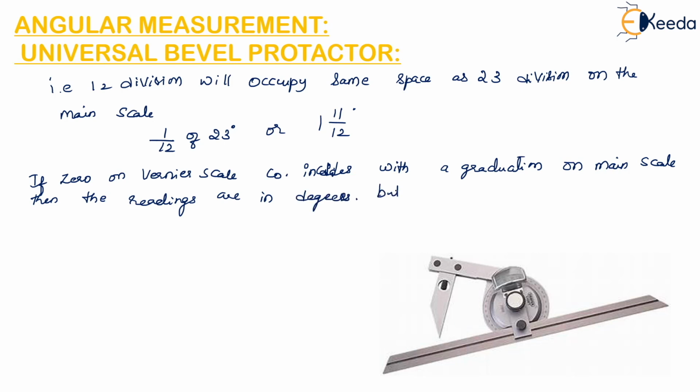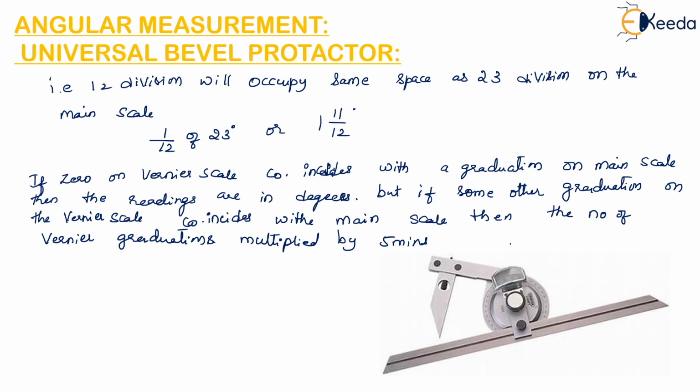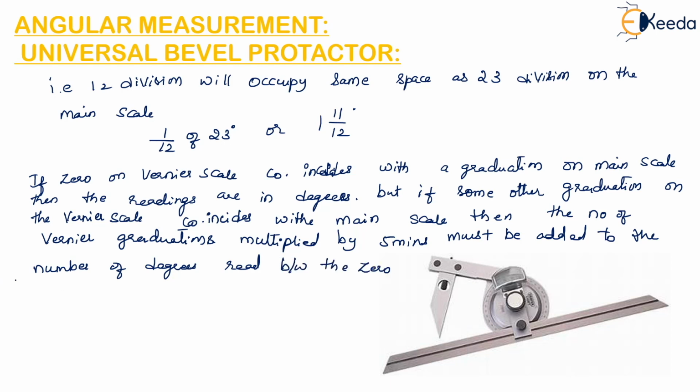But if some other graduation on the vernier scale coincides with the main scale, then the number of vernier graduations multiplied by 5 minutes must be added to the number of degrees read between the 0 on the main scale and the vernier scale.